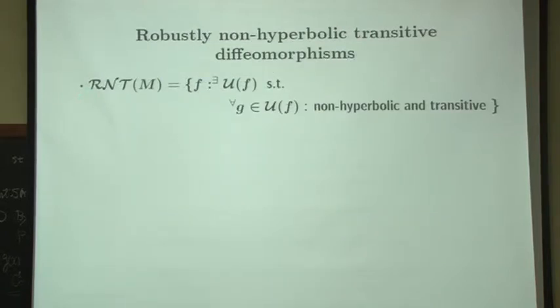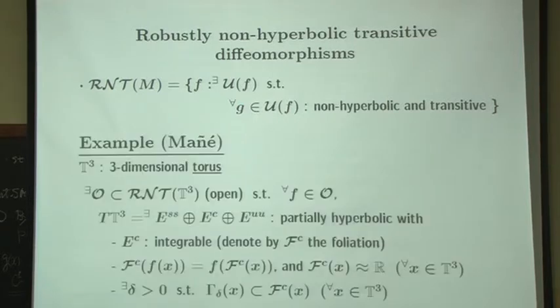Please let me introduce the set: the C1 robustly non-hyperbolic transitive systems. Robustly means the set itself is already an open set. I mean, there exists a C1 neighborhood such that any element G is non-hyperbolic and transitive. Mañé constructed an open set of robustly non-hyperbolic transitive systems on the three-dimensional torus.